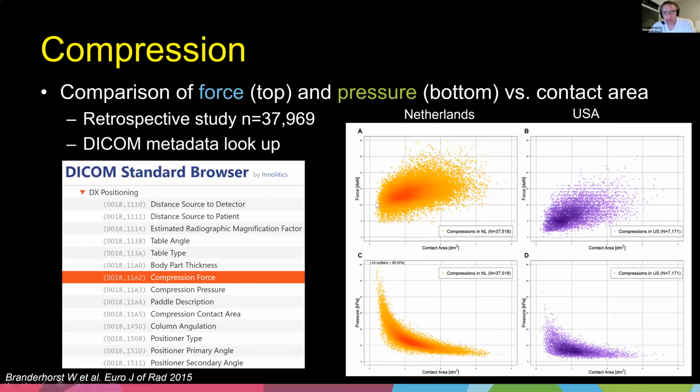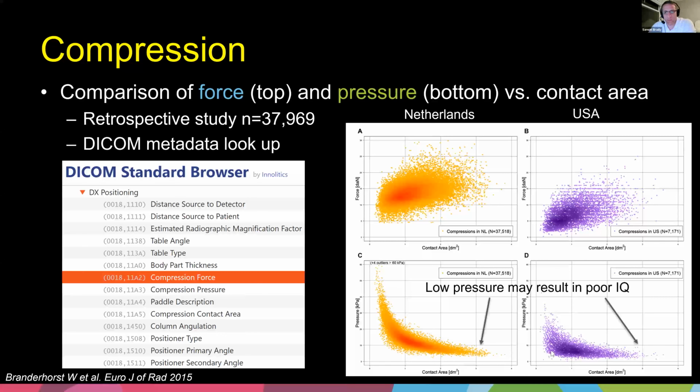What you largely see here is that as force goes down, using less force also correlates with a smaller area of the breast being compressed.